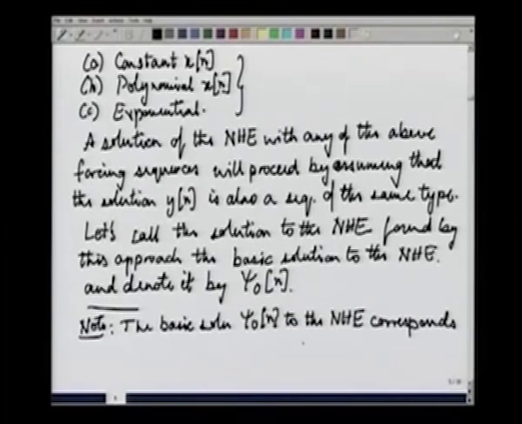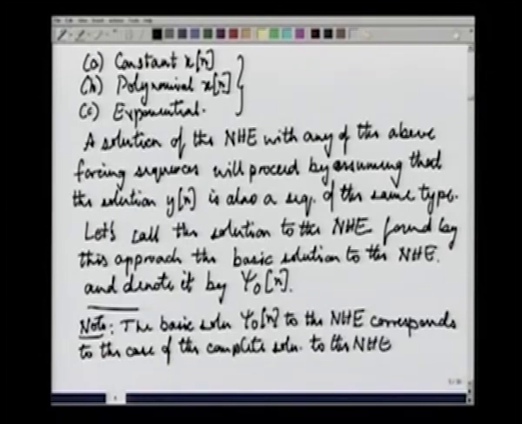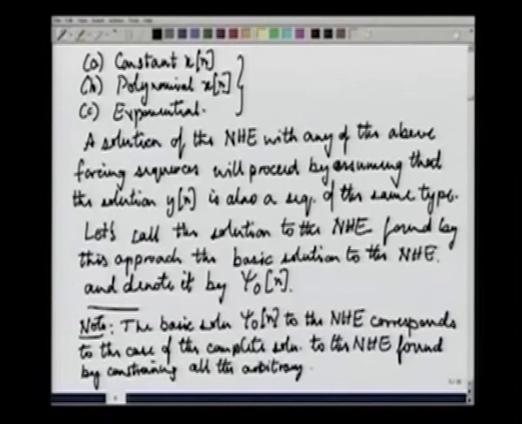So, the basic solution psi naught n to the non-homogeneous equation corresponds to the case of the complete solution to the non-homogeneous equation found by constraining all the arbitrary constants in the homogeneous equation solution to 0.